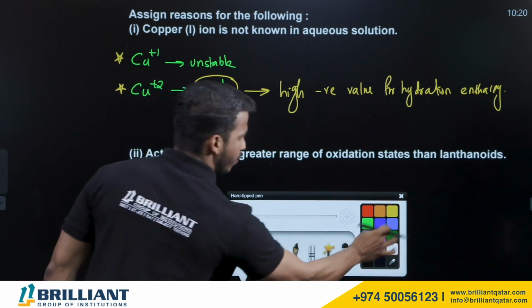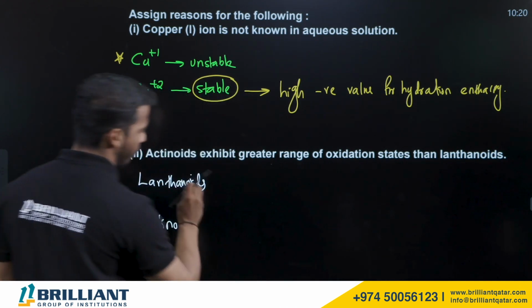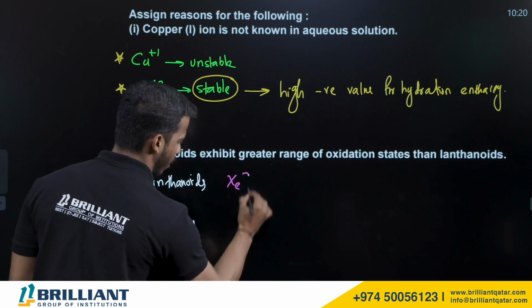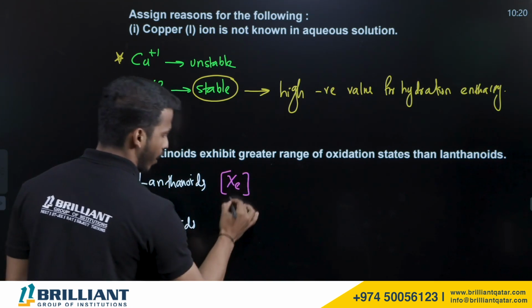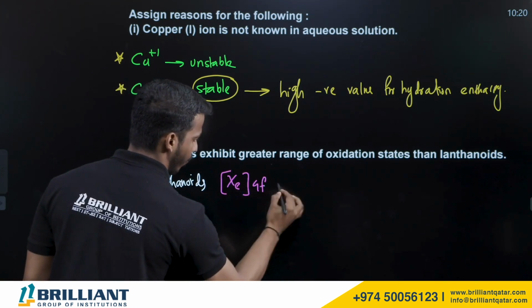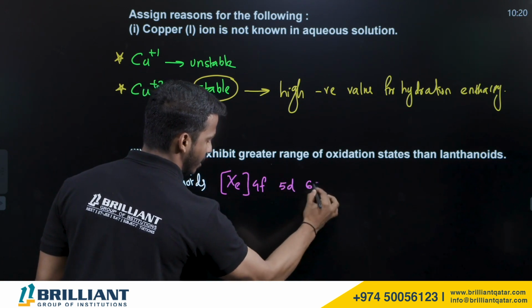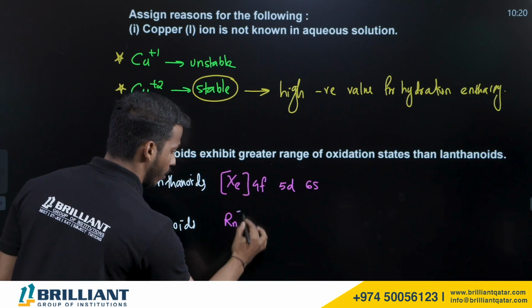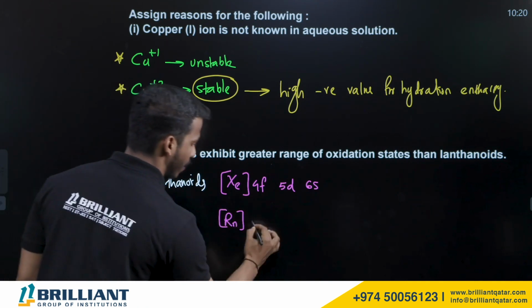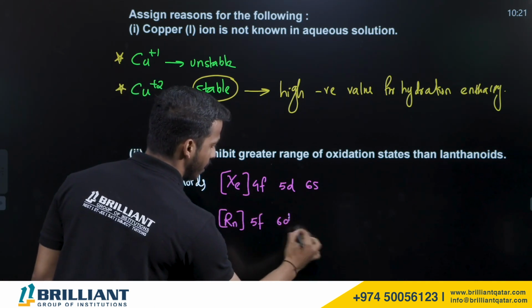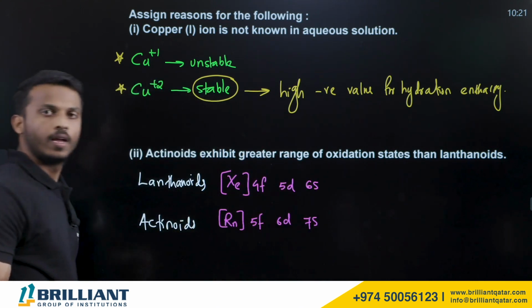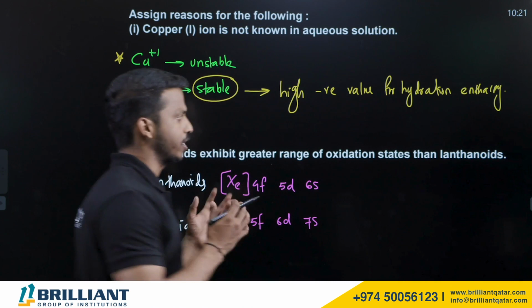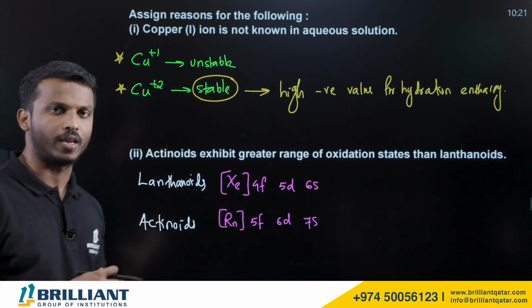For lanthanoids, we normally use a general electronic configuration in terms of a noble gas, which one? Xenon, right? Xenon, atomic number 54. After that, we have the 4f, 5d and 6s orbitals. Whereas in actinoids, we have radon, right? Radon, 86. After that, we have 5f, 6d, 7s orbitals. So this is the general electronic configuration we use to write the electronic configuration of which one?